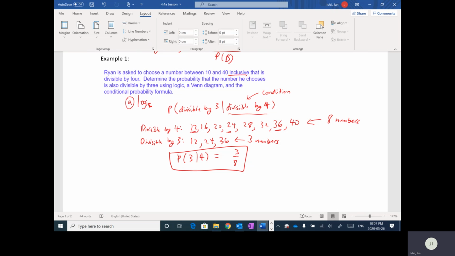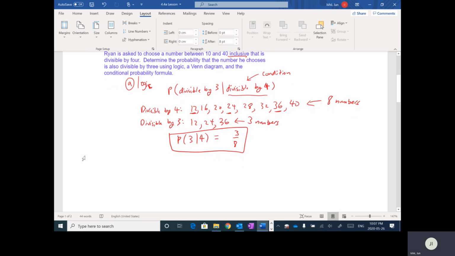Given that he's chosen one of these, what's the probability that it's also divisible by 3? Well, 3 of these 8 are divisible by 3 as well. Hopefully that makes sense. Now the next method is to use a Venn diagram.